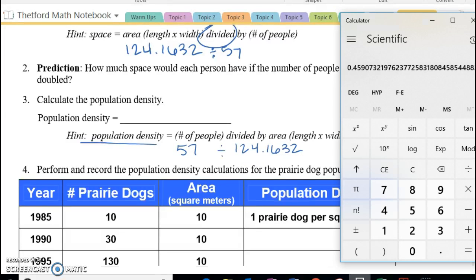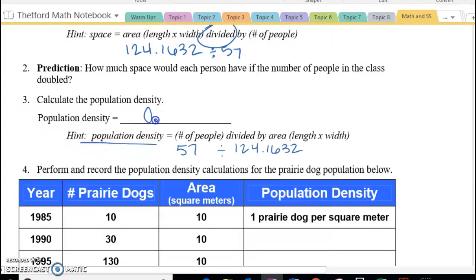And so when we do that, we do 57 divided by 124.1632. And we get a really long number, well, long decimal. And so this 9 here is going to make this 5 round up. And so we're going to say that that's about 0.46.